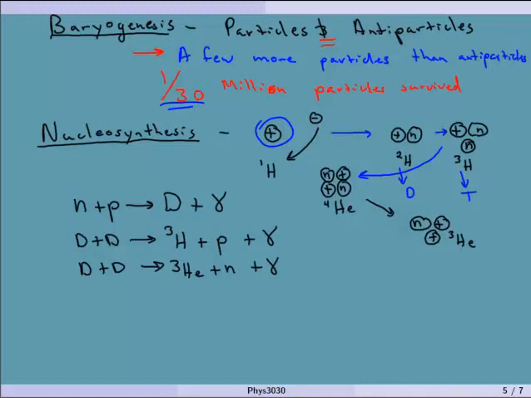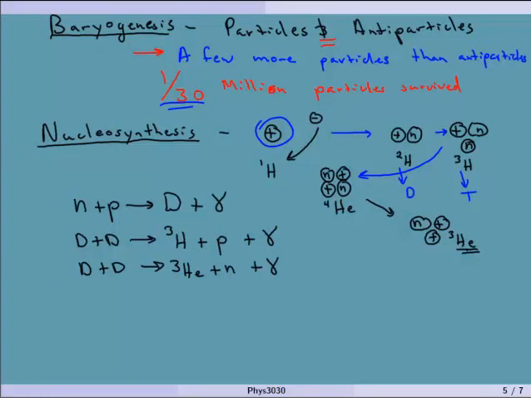I maybe shouldn't, but the name of the element tells you how many protons it has, right? Because the chemical properties of it have to do with how many electrons and how many protons it has. So helium has 2 protons. The 3 means it has 3 nucleons. If it has 2 protons and 3 nucleons, the only thing that's left is 1 neutron. That's the idea here. Helium-4, right? Helium-4 has 2 protons because it's helium, and it's a 4, so it has 4 altogether, so I can figure out that the other 2 are neutrons, kind of down the line.